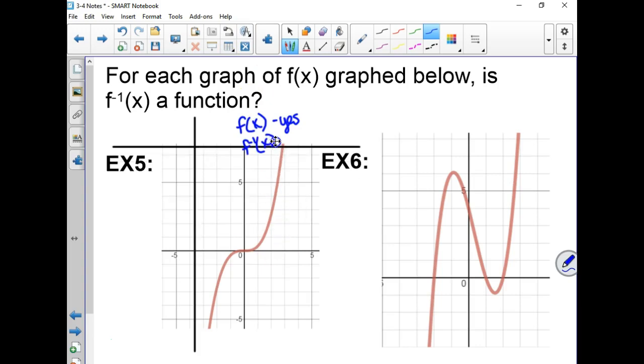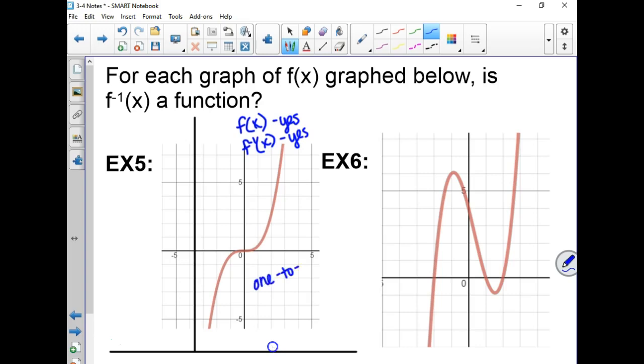Okay, the inverse passes the horizontal line test, so it is also a yes. These are special functions that we call one-to-one functions. I don't think our textbook asks us about that much. I'm just throwing that in there for free. So if your inverse and your function are both functions, that's called a one-to-one function. It means every number has only one partner there.